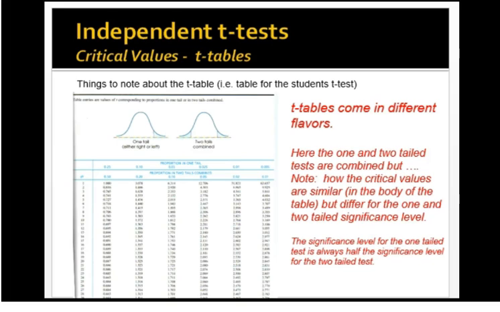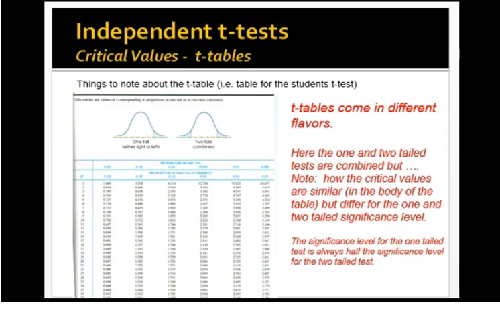Just one thing to be aware of, those t-tables do come in different flavors. Usually you'll see a separate table for the one and the two-tailed test, but there are some tables where they just lump them together. And they can do that because, as we learned with the one-sample z-test, the probabilities associated with the two-tailed test are really just double the probability of the one-tailed test, because that normal distribution is a mirror image of itself on either side of 0.